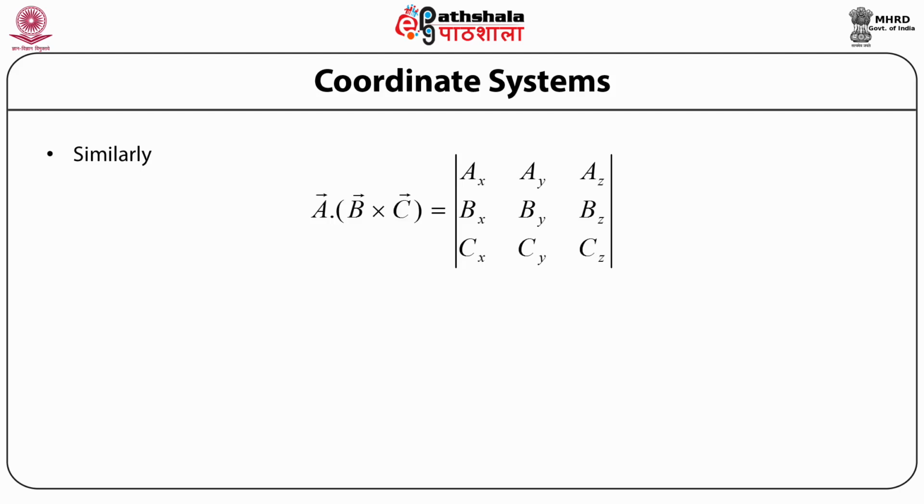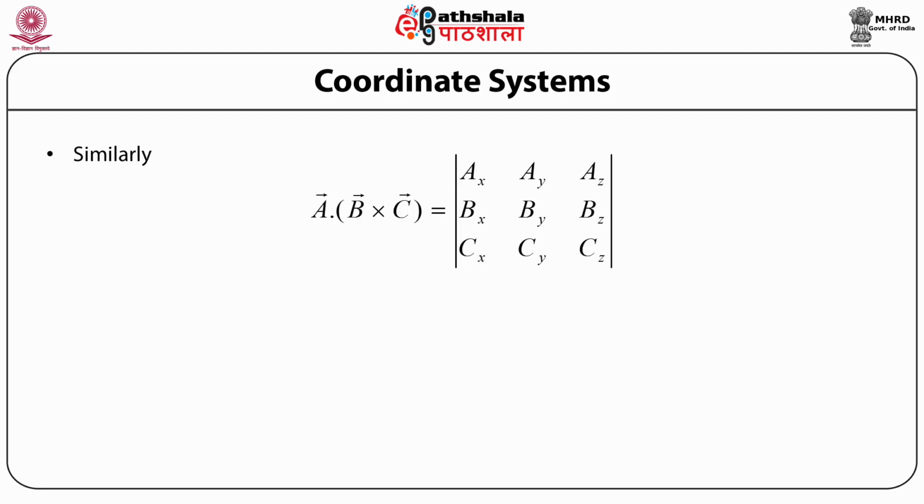The second row has the x, y and z components of the vector b, while the third row has the x, y and z components of the vector c. The resultant of this determinant gives the value of the scalar triple product of the vectors, a dot within brackets b cross c. This result can also be verified from the definition of the vector and the scalar products that we have discussed earlier.